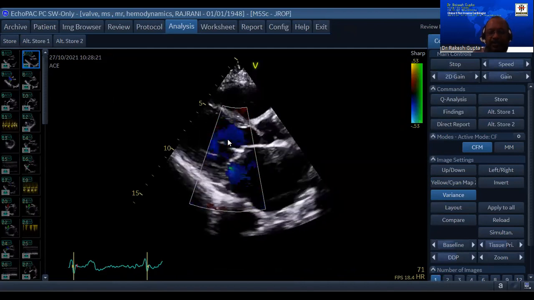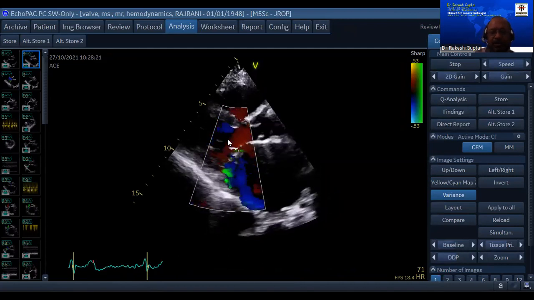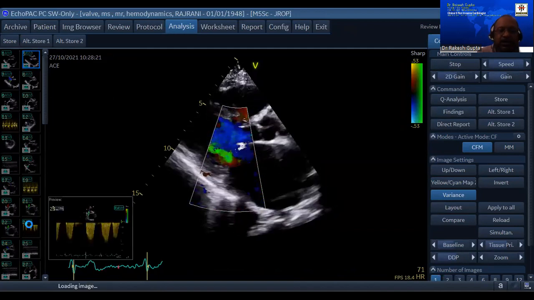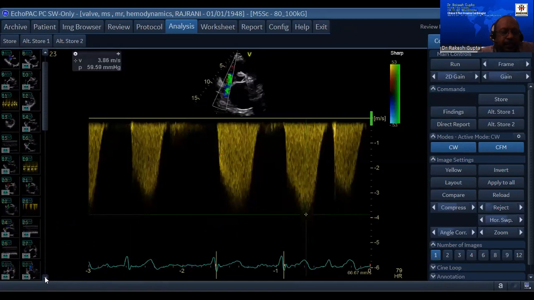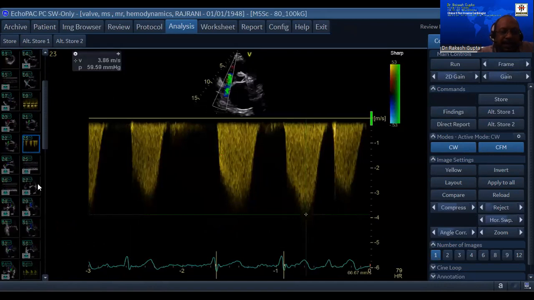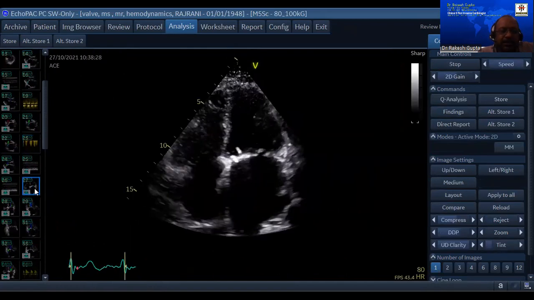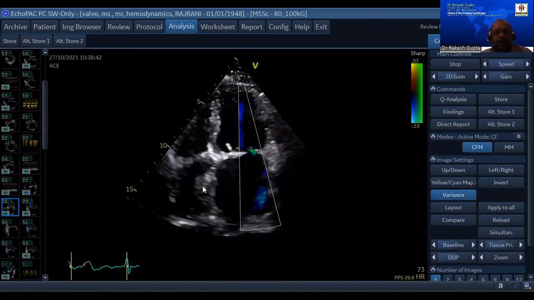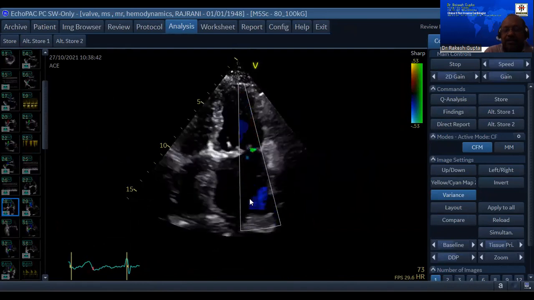dilated LV. So when we talked of these things, we said a couple of things. One was LA size, which is dilated. Second was the jet area versus LA area and jet area per se.